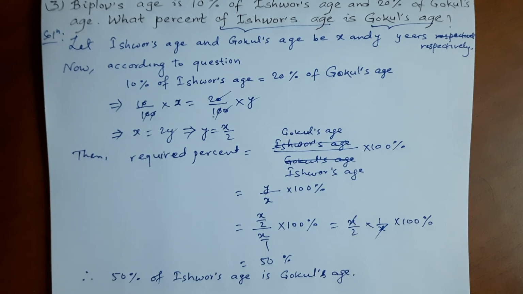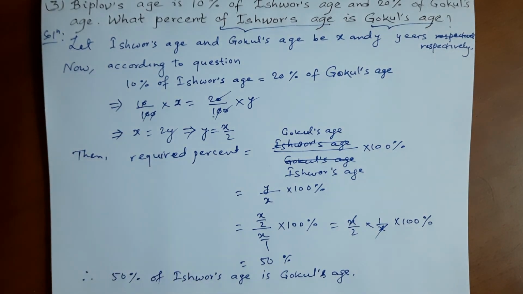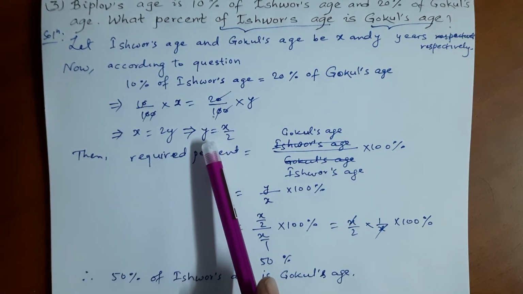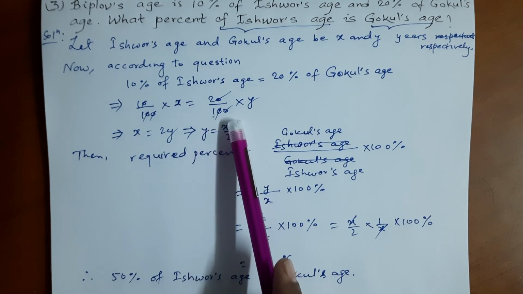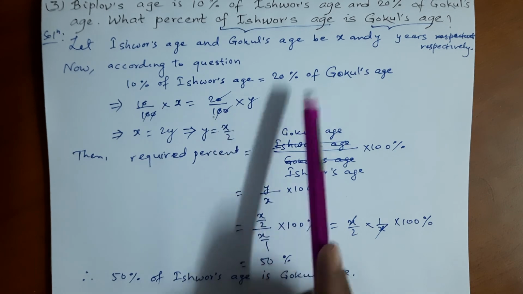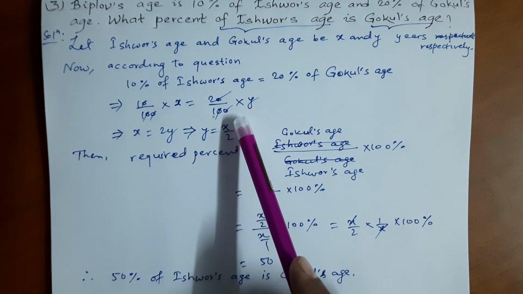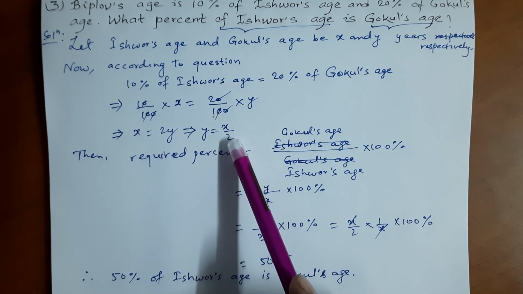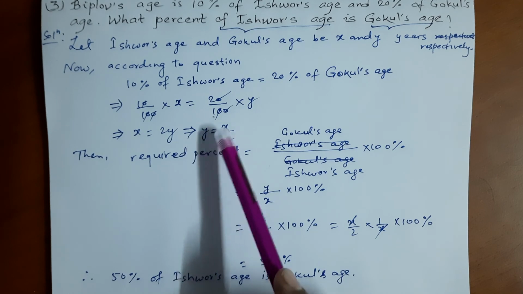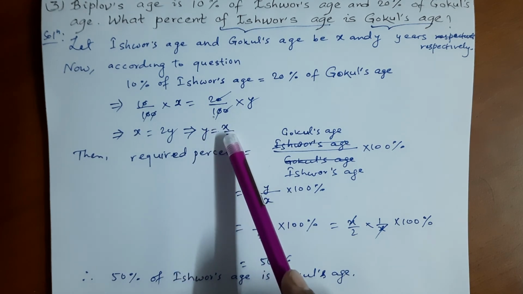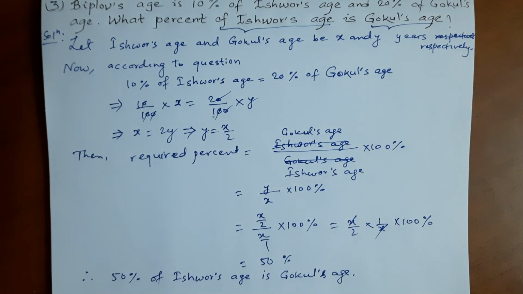Okay, so here this Y is Gokul's age, X is Ishwar's age. So what percent of Ishwar's age is Gokul's age? Here Ishwar's age divided by 2 gives Gokul's age. Divided by 2 means 50%, because the whole is 100% and divided by 2 means 50%.